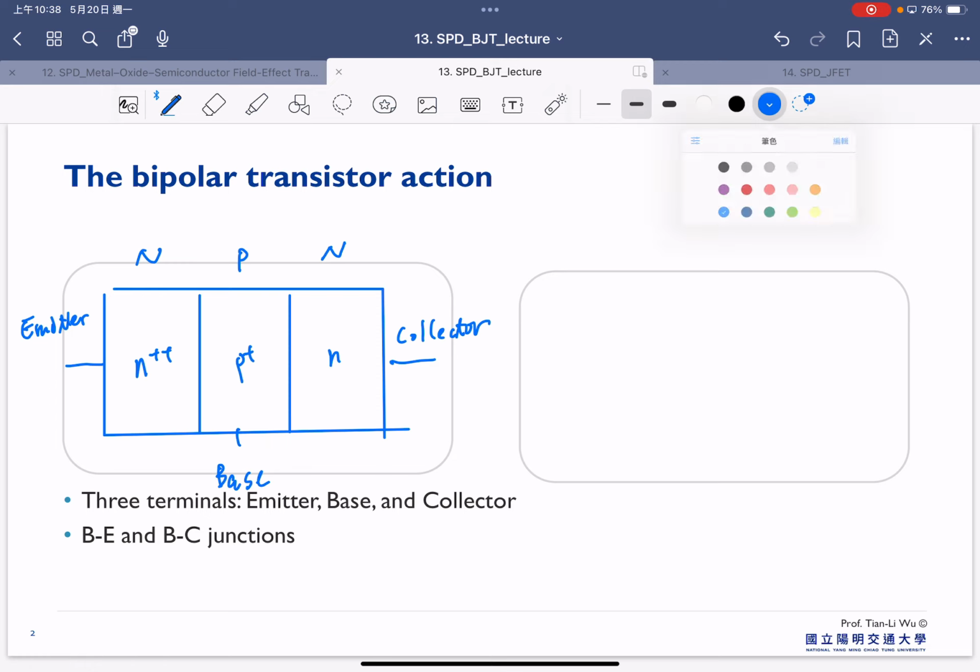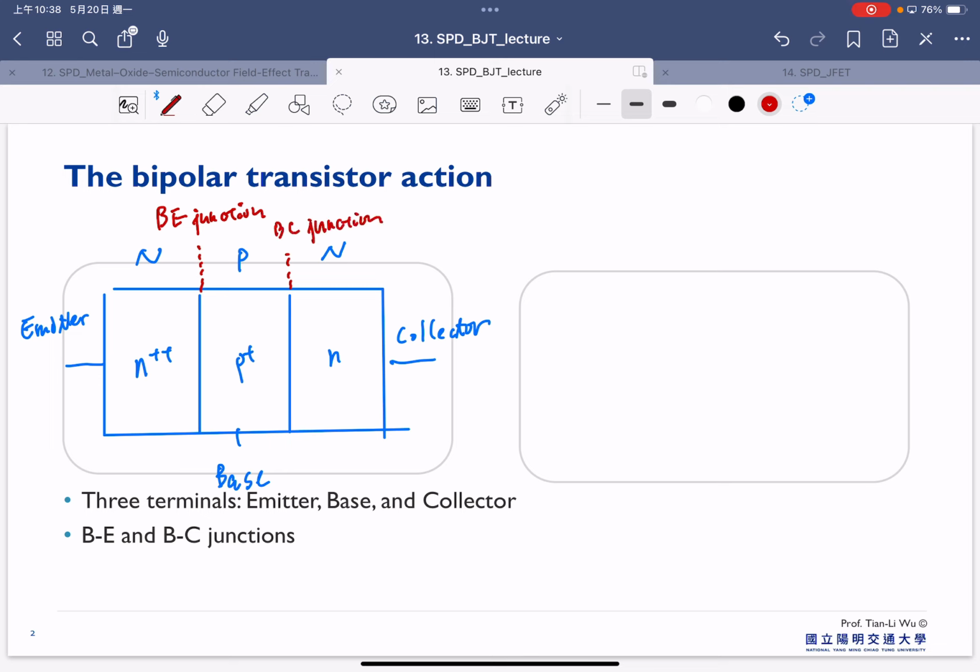There's one PN junction here, which we usually call the BE junction, the junction between the base and emitter. And the other one we call the BC junction, the PN junction between the base and collector.